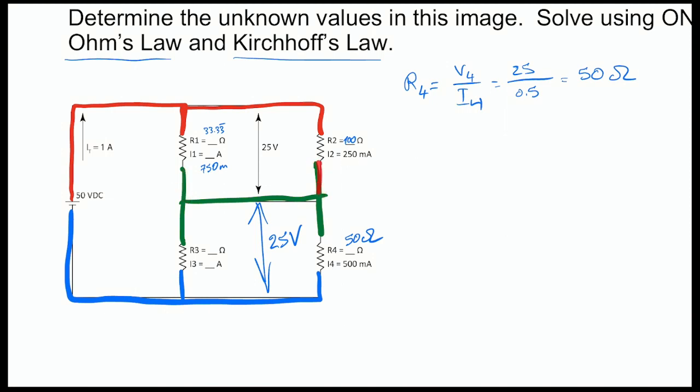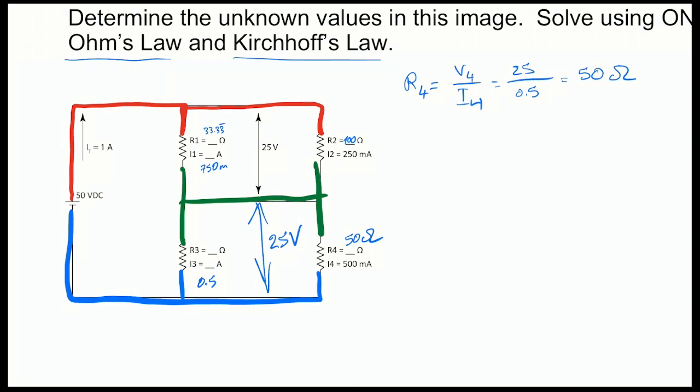So the currents coming out of I1 and I2 are going to add up to 1 amp, meaning 1 amp is being divided again now between those two branches, R3 and R4. That is going to make life easier for us because we know that this branch is half an amp, 500 milliamps, which will make this branch also half an amp to add them together to 1 amp, meaning that my I3 is going to be 0.5 amps or 500 milliamps.